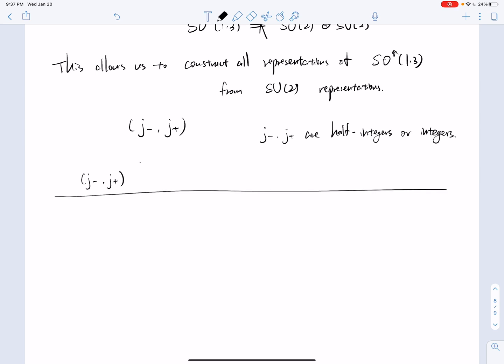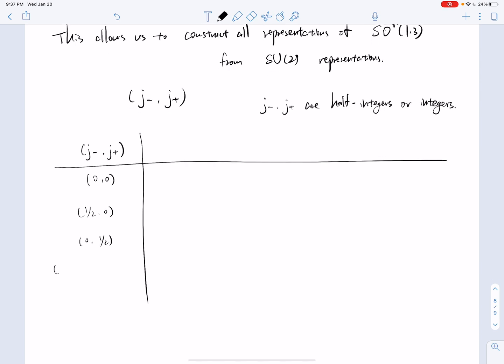So we can make a table, J minus, J plus, starting from the easiest one, we have 0, 0, which corresponds to the spin zero case of fundamental quantum mechanics. And then we can have 1/2, 0, 0, 1/2, and a combination of 1/2, 0 with 0, 1/2. We can have 1, 1 and so on and so forth.